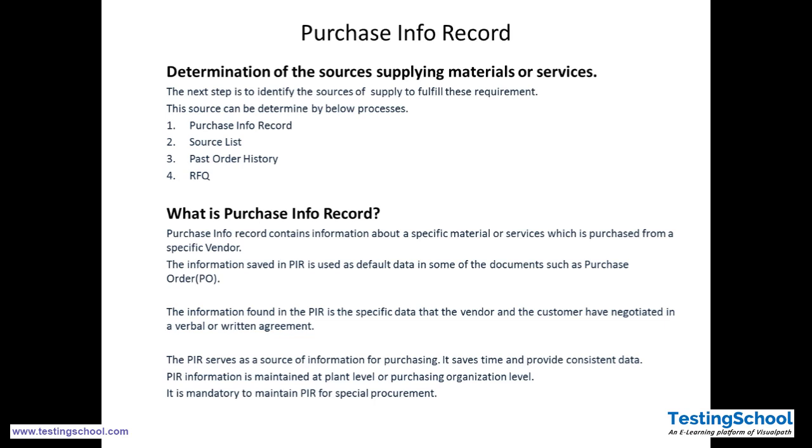Otherwise they can be at purchasing organization level, so that they can negotiate the price much better and have more accurate data to create purchase orders. It is mandatory to maintain PIR for special procurement.